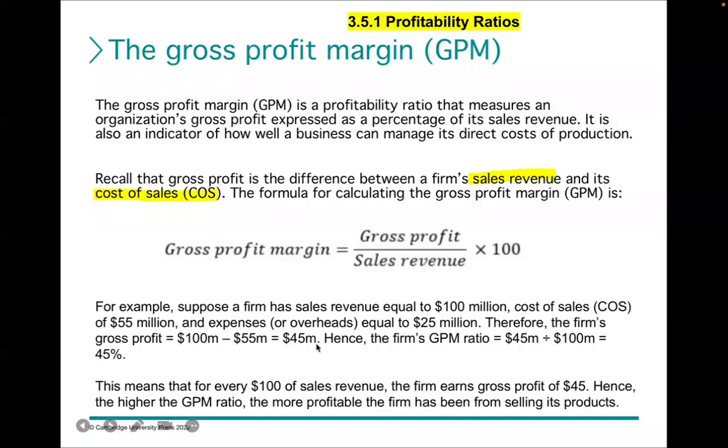So that's 45. So 45 over 100 times 100 equals 45%. This means that for every $100 of sales revenue, the firm earns a gross profit of $45. Hence, the higher the gross profit margin ratio, the more profitable the firm has been from selling its products.